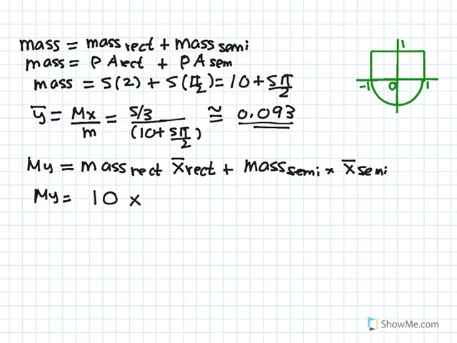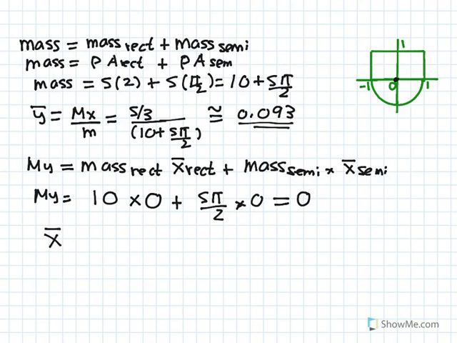X bar of the rectangle is 0. You can see from the diagram the x-coordinate of the center of mass of the rectangle as well as the semicircle is 0 because both of those shapes are symmetric about the y-axis. Plus mass of the semicircle, which is 5 pi over 2, times its x-coordinate, which is also 0. So the whole thing is 0. The moment with respect to the y-axis is 0.